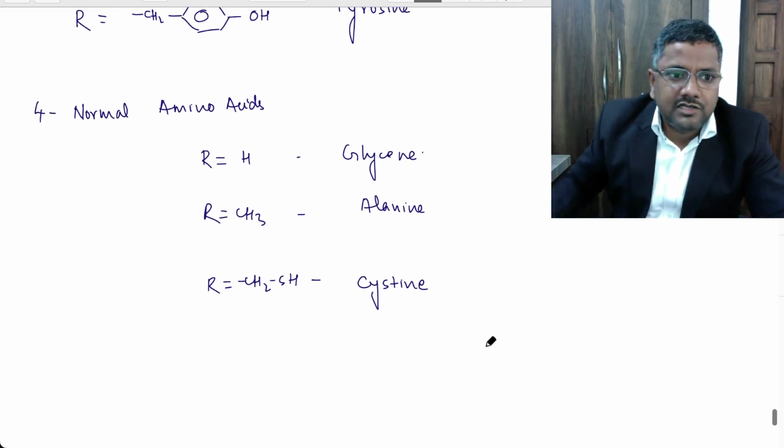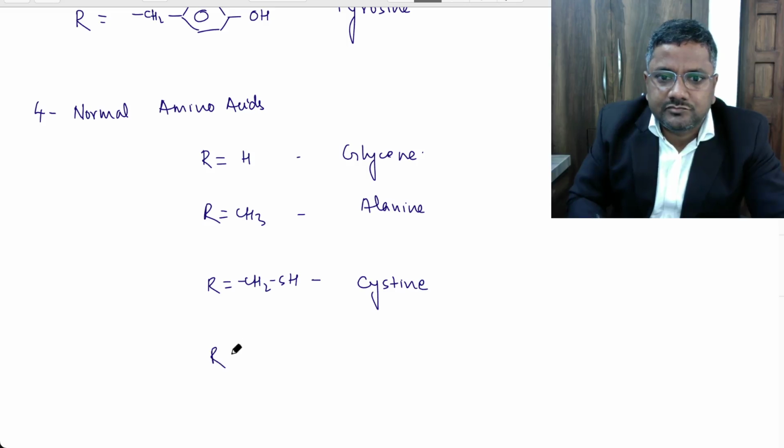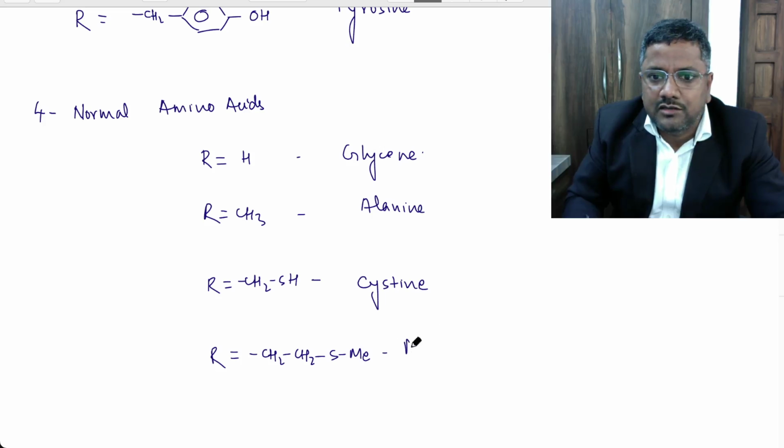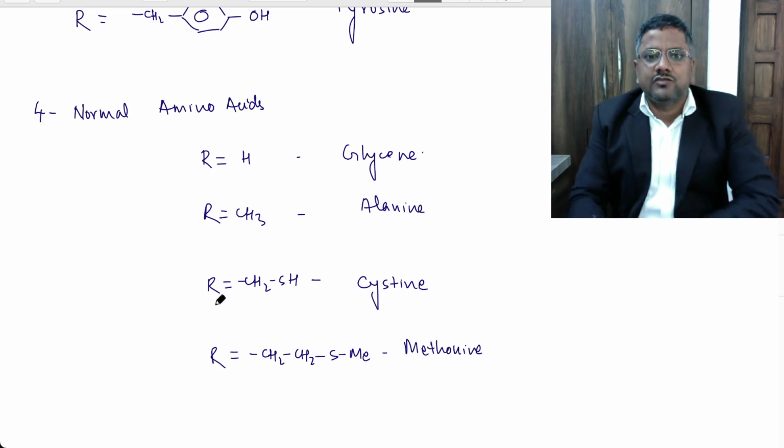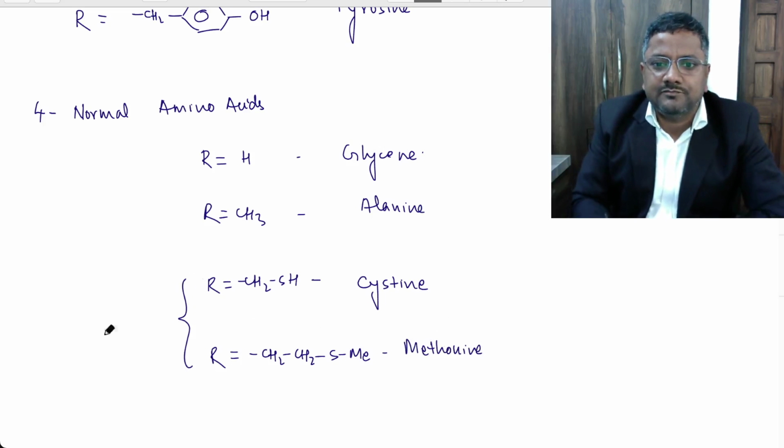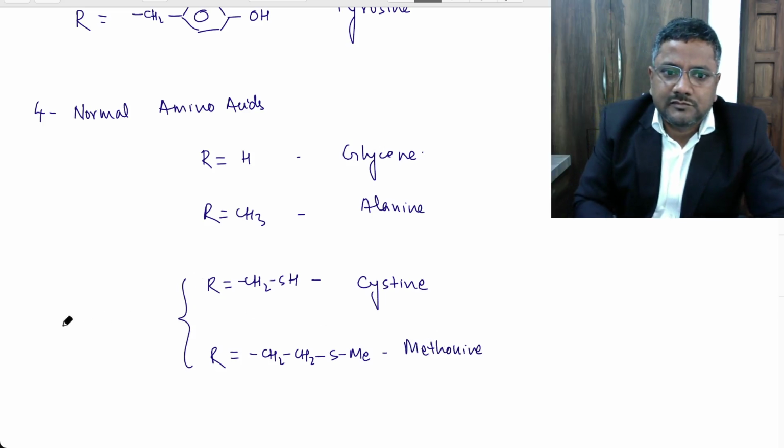If R is equal to CH2CH2SME, then this is methionine. So see, these two have sulfur, right?